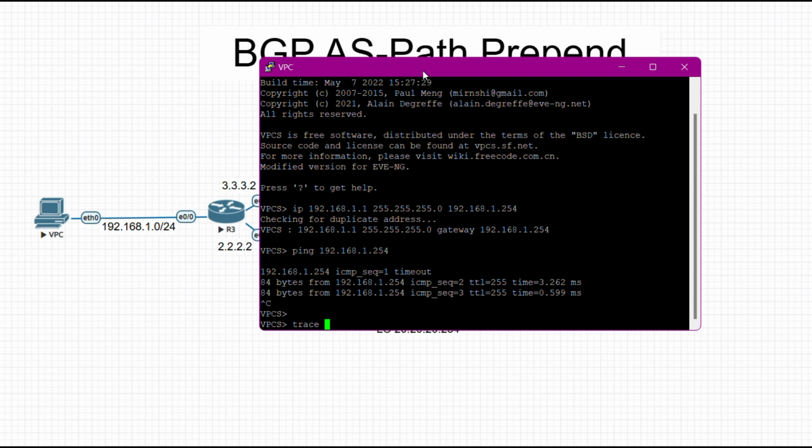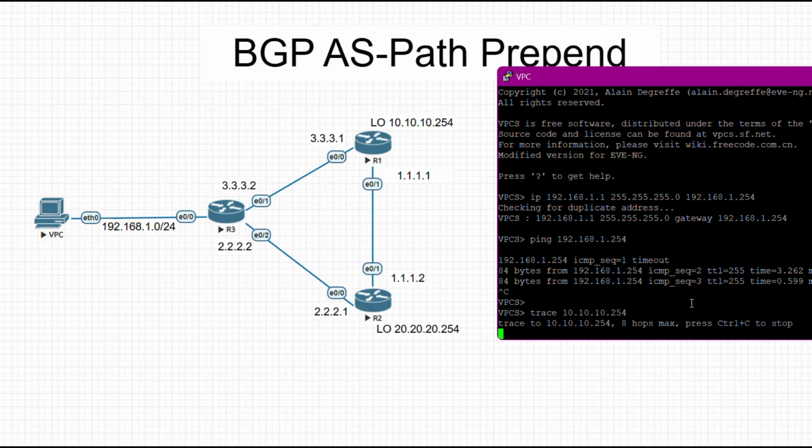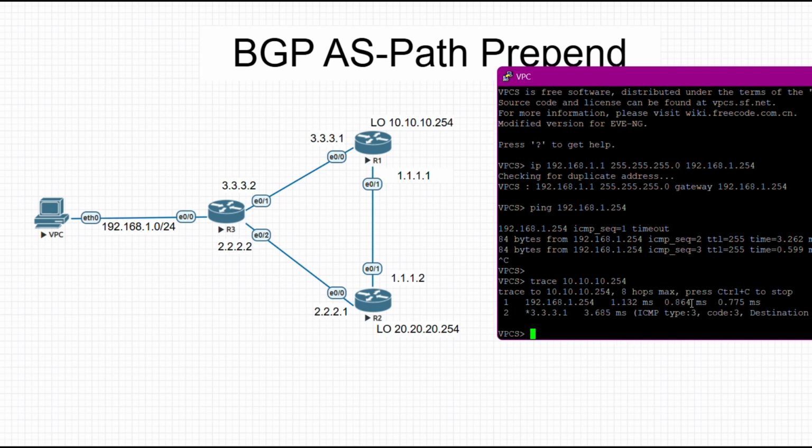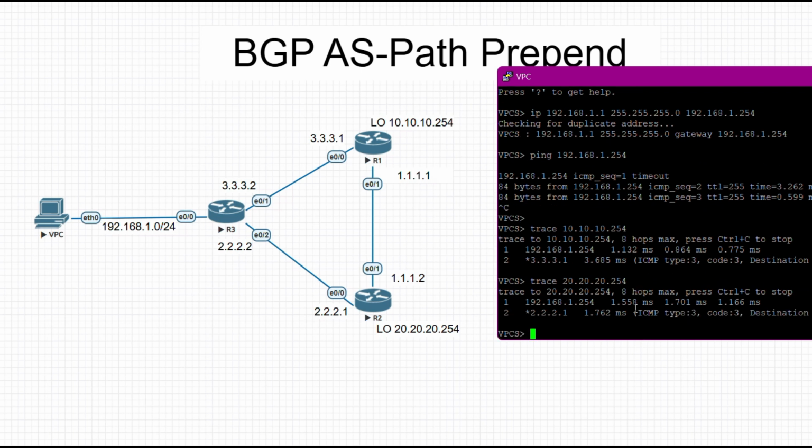Let's type 10.10.10.254. It's going by 3.3.3.1, and next is 20.20.20.254. Of course, it will come from 2.2.2.1.